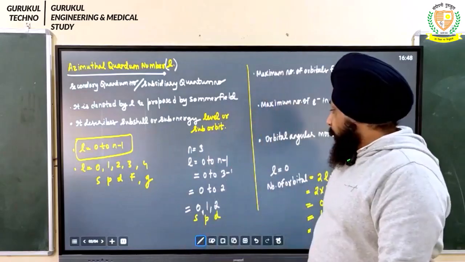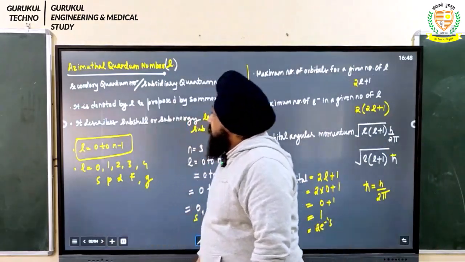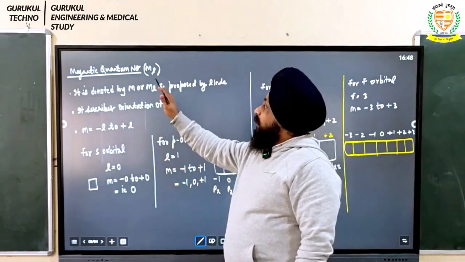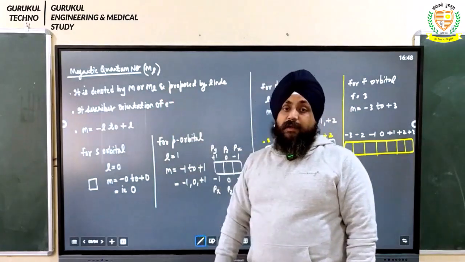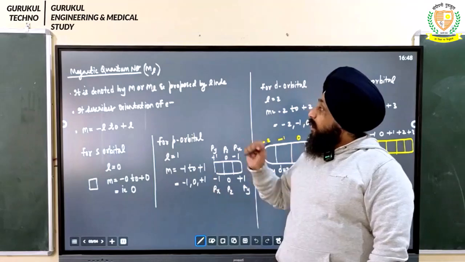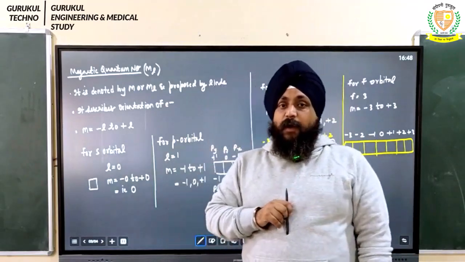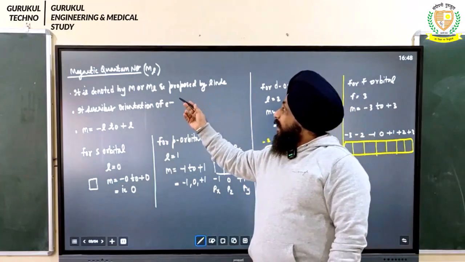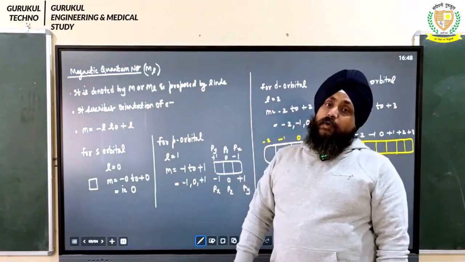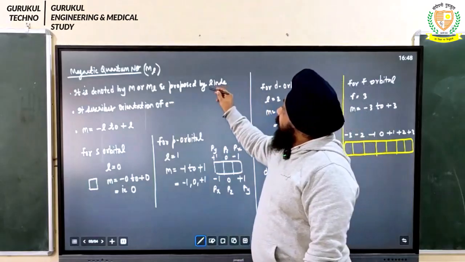Now the other case is the magnetic quantum number. The magnetic quantum number is denoted by m, or ml, and it was proposed by Lande.